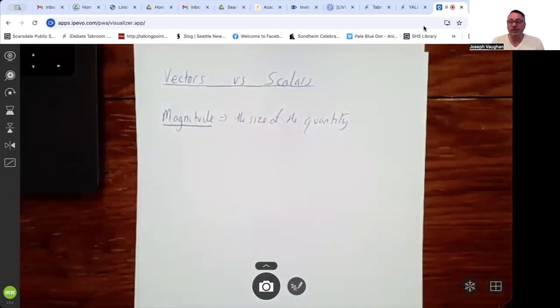I'm going to define vectors and scalars slightly differently, and I think it is a meaningful distinction rather than what we were saying before.